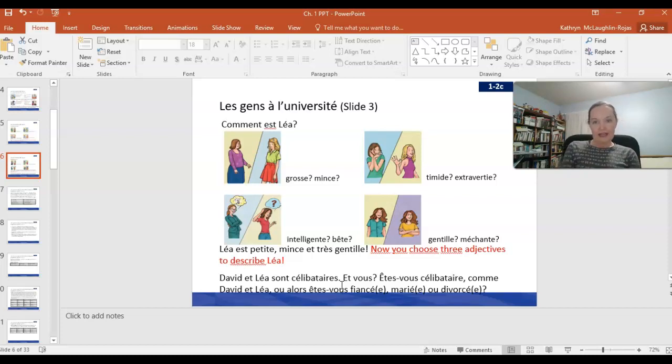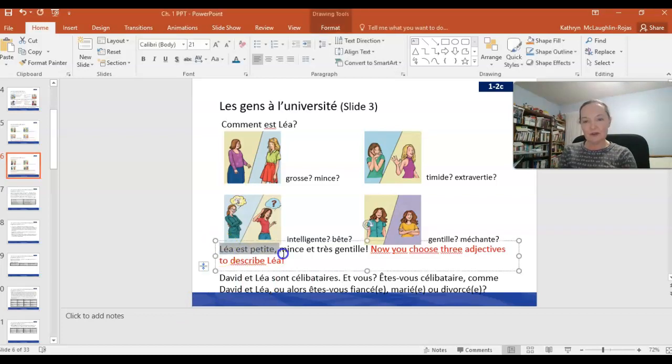Or Léa est extravertie, intelligente et un peu méchante. I said she's a little bit mean at the end there. Okay, so you can choose any of those 3 adjectives to describe Léa. So you can model your sentence after this one, and you can either type or say your response.